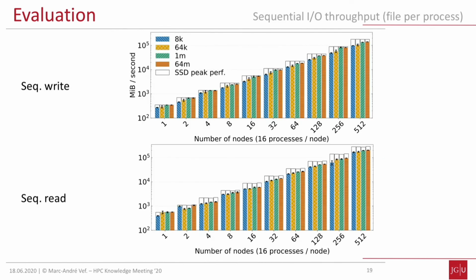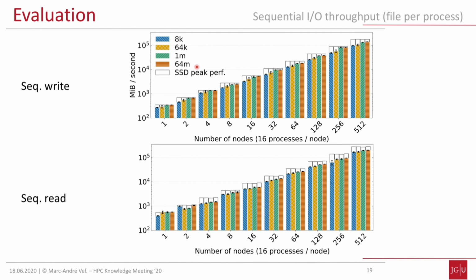If we look at the I/O performance of GekkoFS, I present here the sequential I/O throughput in a file per process case. In this case, 4 GB per process is written and read. We also differentiate between different I/O sizes, starting with 8 KB per write up to 64 MB per write.